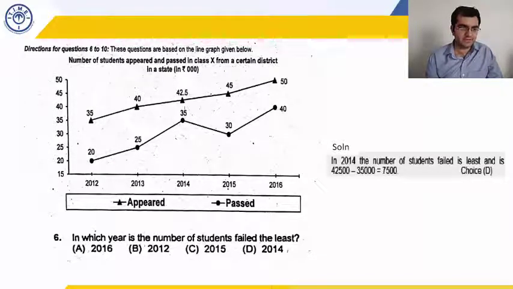In 2012 it is 15,000. Then option C is 2015. In 2015 it is again 15,000, and in 2014 it is 7.5 thousand. So the answer will be D, 7.5 thousand or 7,500. It's simply triangle minus circle for each of the years, and the least value comes out to be for 2014, that is 7,500.